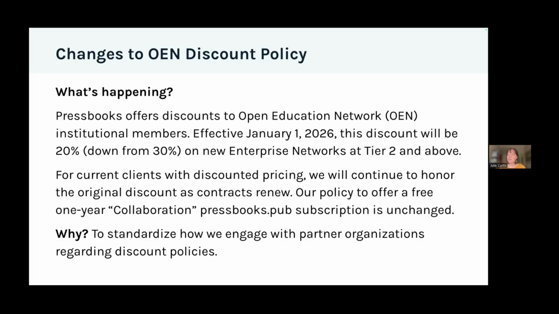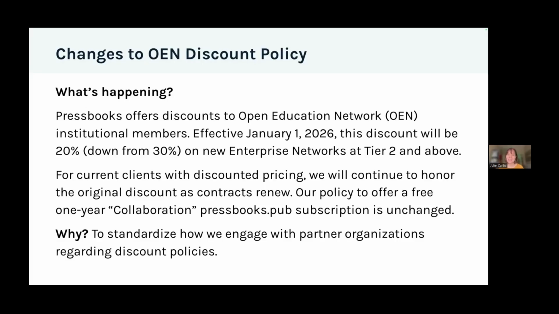And in the past, we've offered a 1-year collaboration free Pressbooks.pub subscription. That probably isn't as relevant to you because you are full Pressbooks subscribers, but we will continue to do that. We're doing some standardization in how we engage with partner organizations around discount policies, and this is one that we needed to modernize.